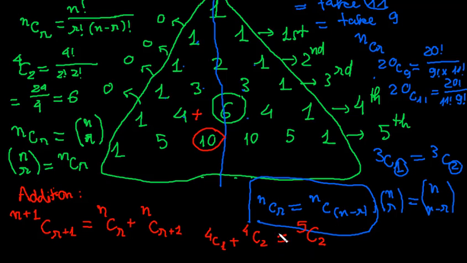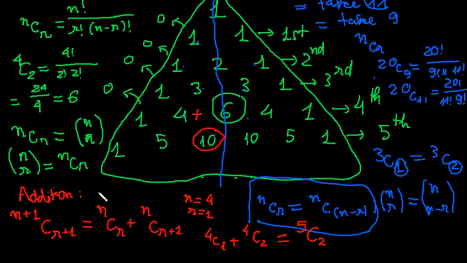So in this case, my n is 4 and my r is 1. In this case, my rule applies correctly. 5C2 means n plus 1 choose r plus 1. 4C2 means n choose r plus 1. And 4C1 means n choose r.